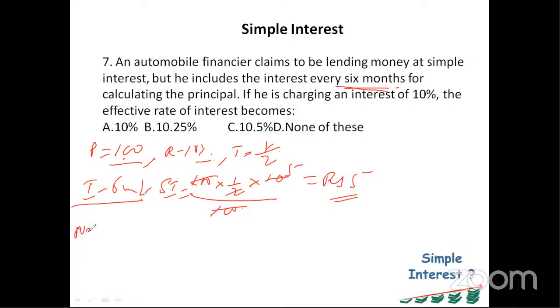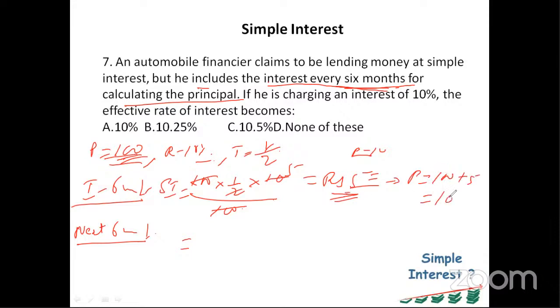Now the next 6 months. What is he doing for the next 6 months? He is including this money with the principal. He says he includes the interest every 6 months for calculating the principal, which means initially our principal P was 100 rupees. But after this, P is equal to 100 plus 5 rupees.